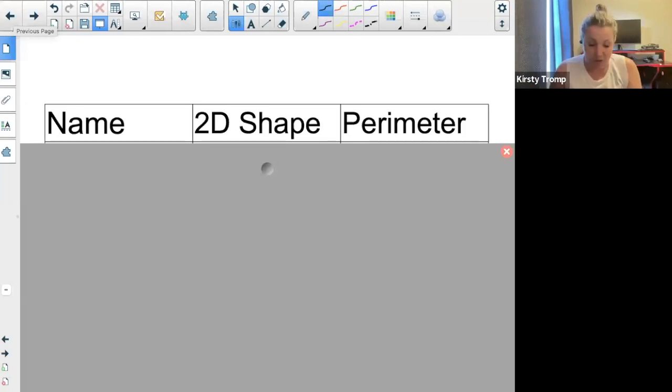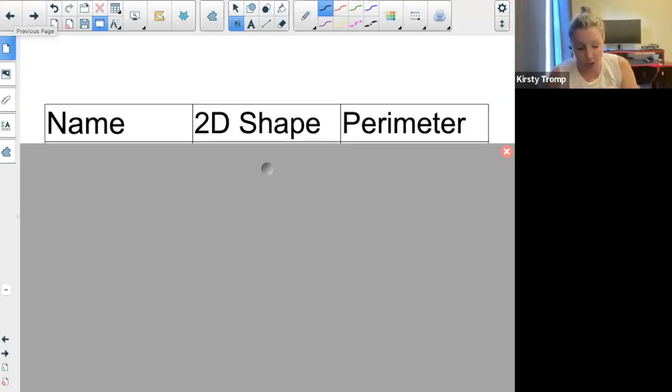You'll see my table's got 3 columns, but you can add a 4th column and put area in at a later stage. The only reason I haven't put area in tonight is because we're doing perimeter. But if this was my table and I was studying for exams, I would add another column for area as well.